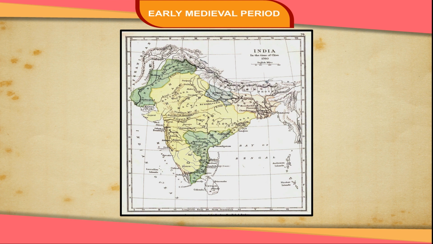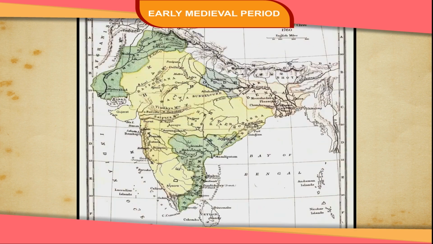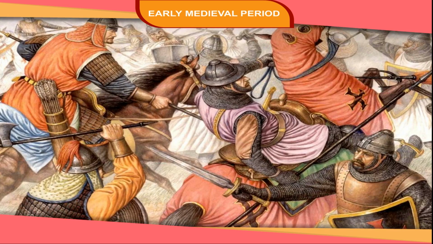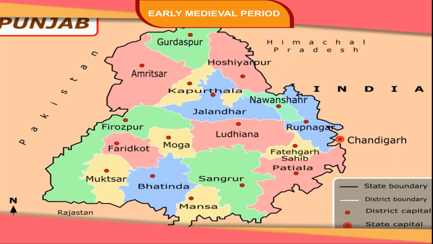Then he turned his attention towards Punjab and the Ganga Valley. So, both Prithviraj Chauhan and Muhammad Ghori wanted to control Punjab and the Ganga Valley. This conflict led to two important battles in 1191 CE and 1192 CE at Tarain near Bhatinda.